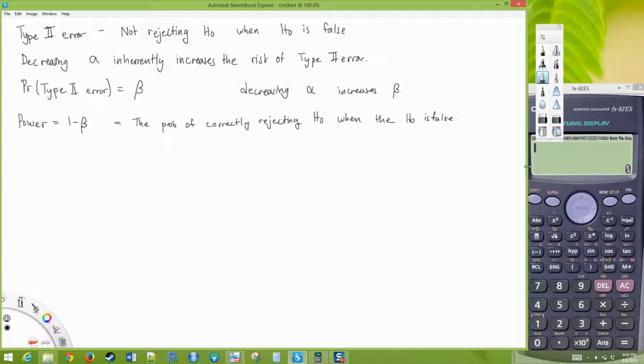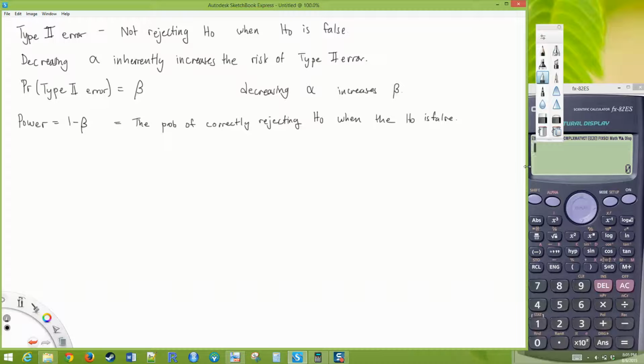And this is a good thing. If the null hypothesis is false, we want to reject the null hypothesis. So that's power.